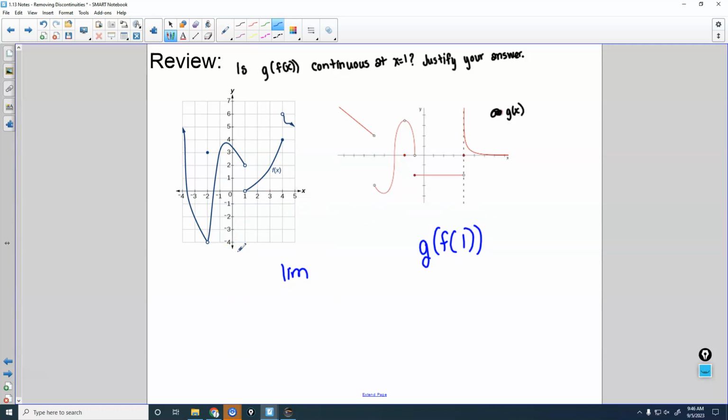Oh, never mind, this is not a hard problem. But did I want it to be g of f of 1? I did. We'll look at it tomorrow because I don't want to mess it up.